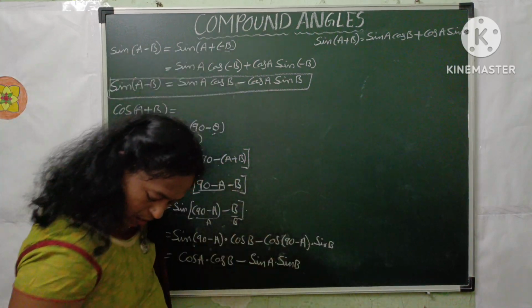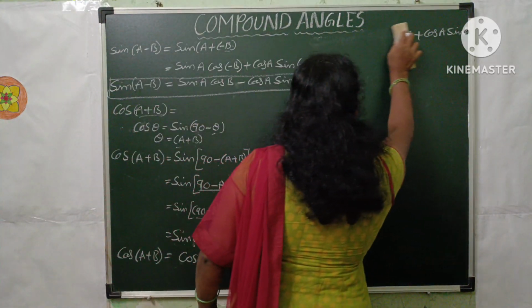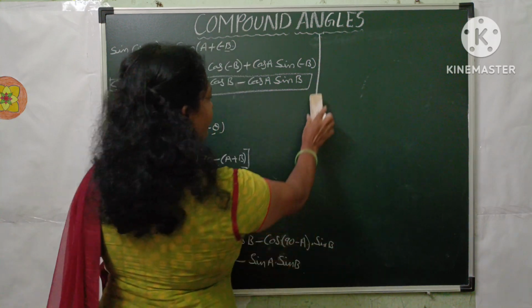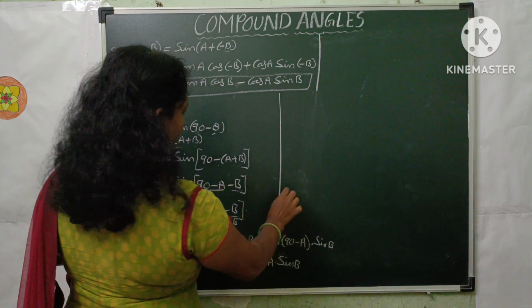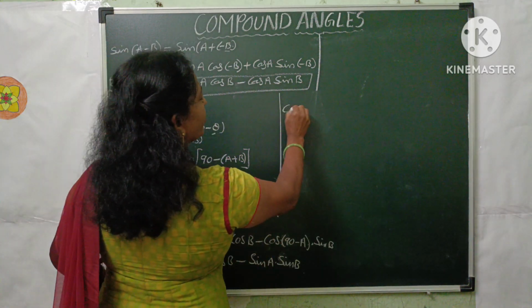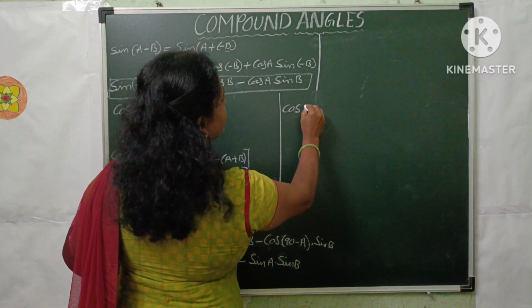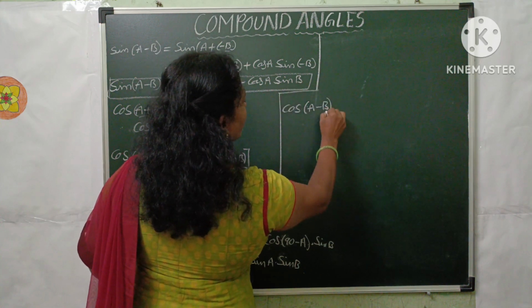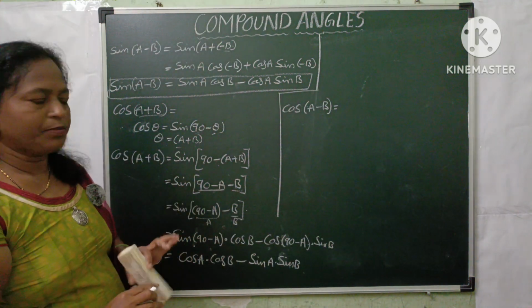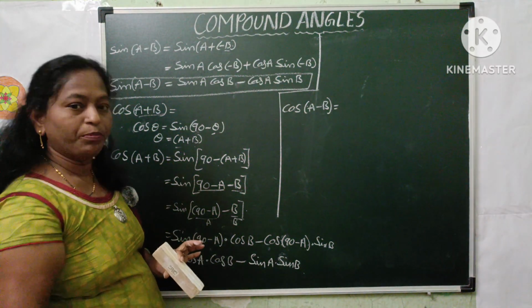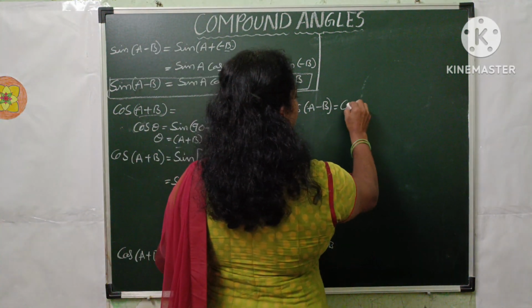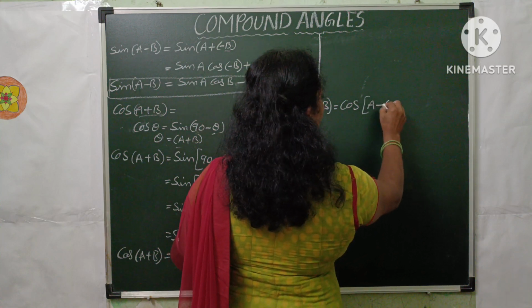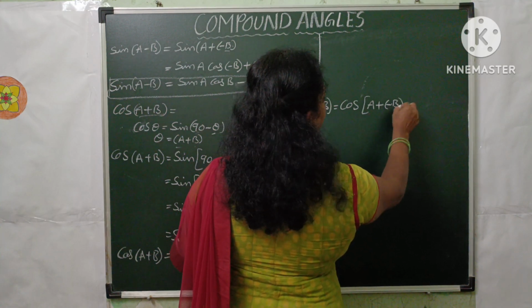Now we can write the cos(a minus b) formula. Cos(a minus b) we also write as cos(a plus of minus b).